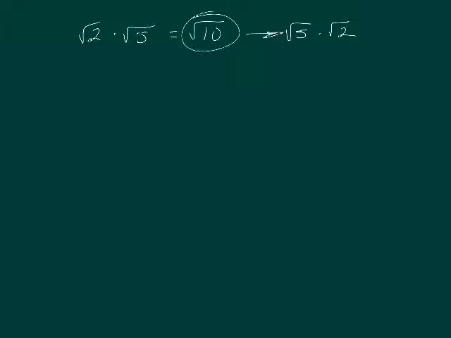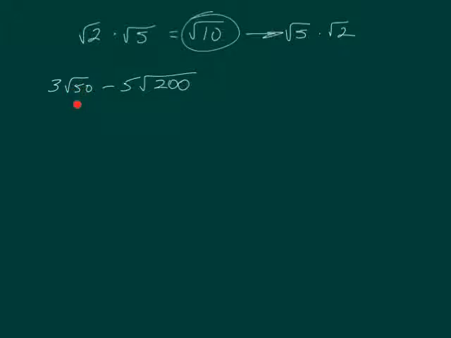So in example 20.1, they give you an expression, 3 square root of 50 minus 5 square root of 200. First thing we want to do when we get something like this is see if our radicals, our numbers under here, our radicands, can be reduced.